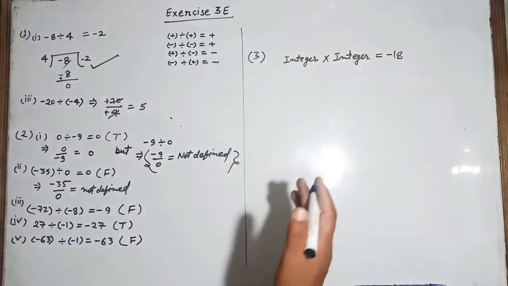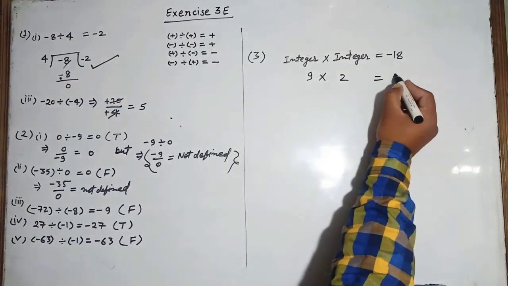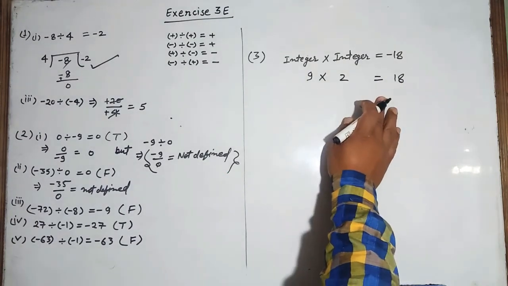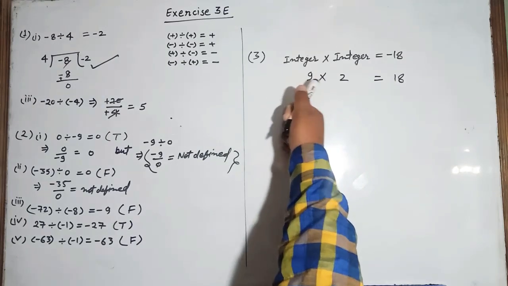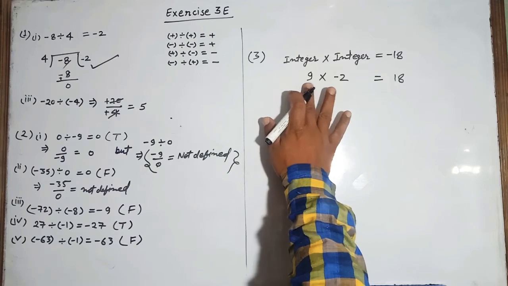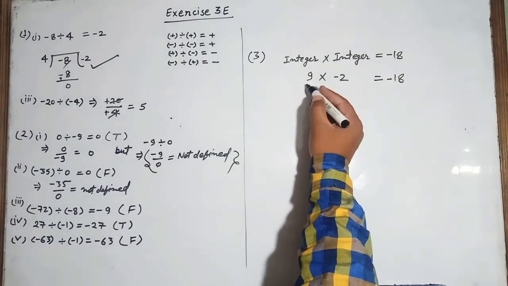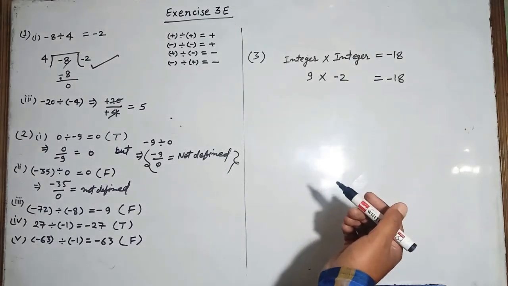So what integers can be? You know that 9 times 2 is 18, so with the minus sign, either 9 can be negative or 2 can be negative. Here I am writing minus 2, so 9 times minus 2 is minus 18. So two integers are 9 and minus 2.